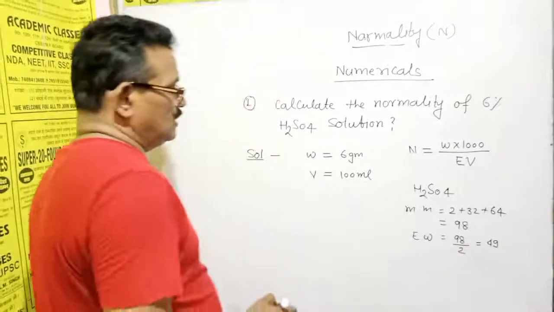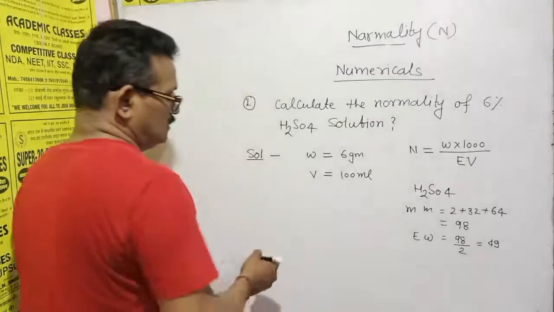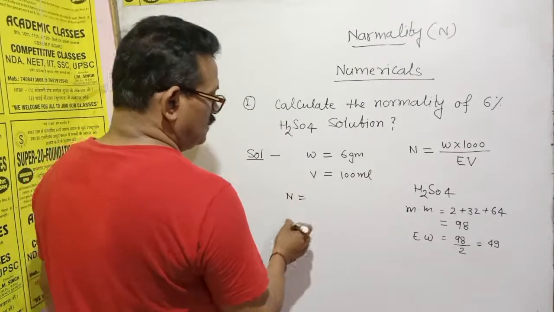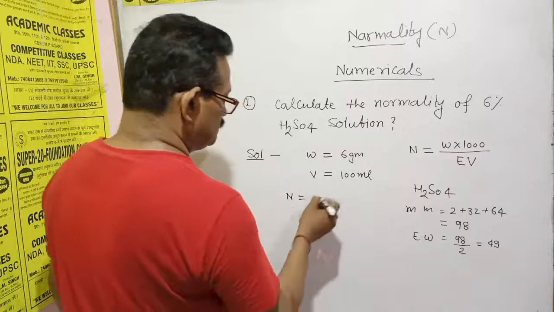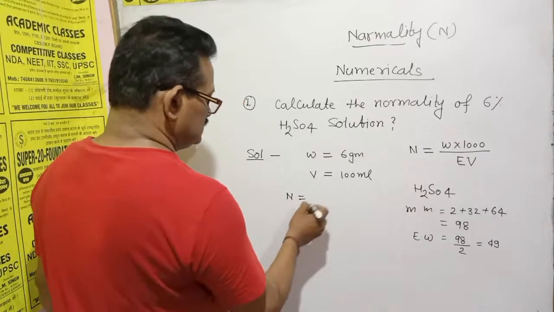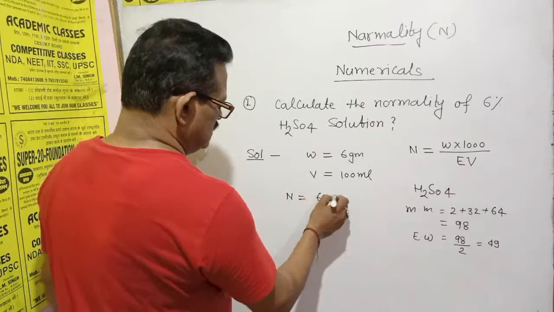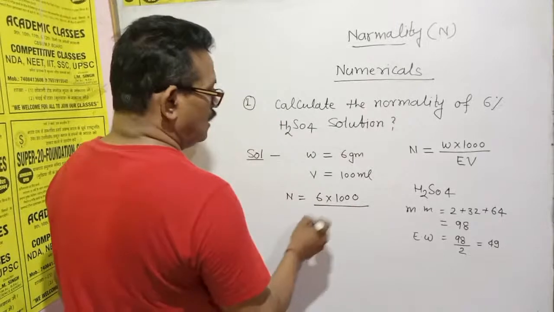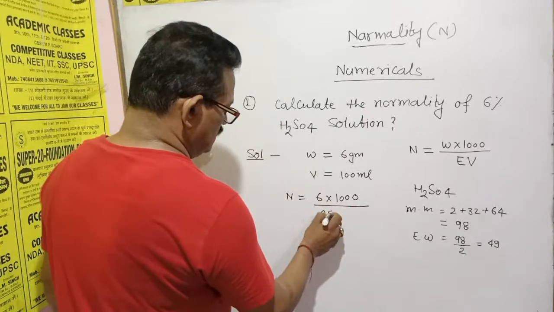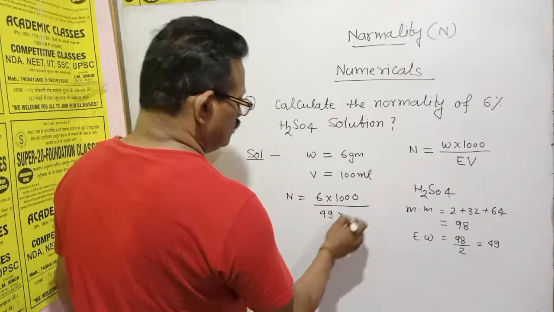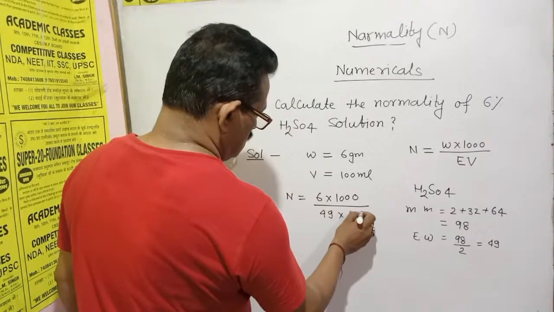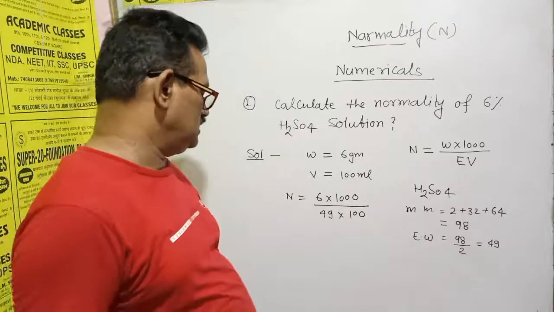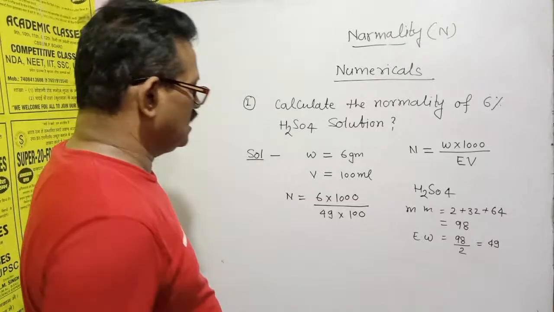Then you can calculate normality. N is equal to small w, which means 6 gram, 6 into 1000 upon E, which means 49, into 100. Then you can easily solve it.